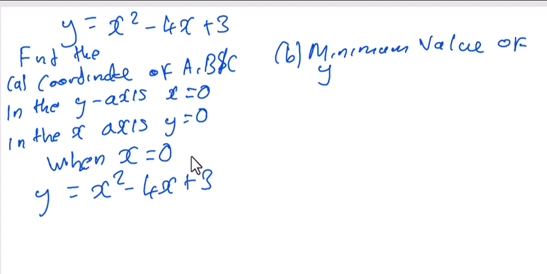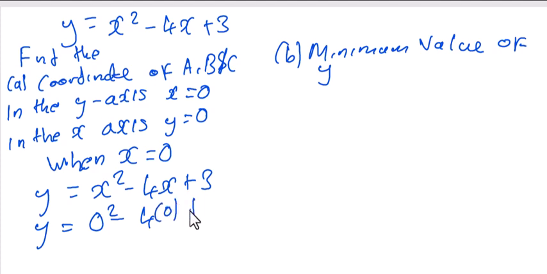So y will be equal to 0 squared minus 4 multiplied by 0 plus 3.